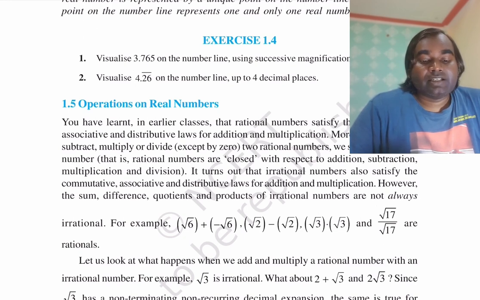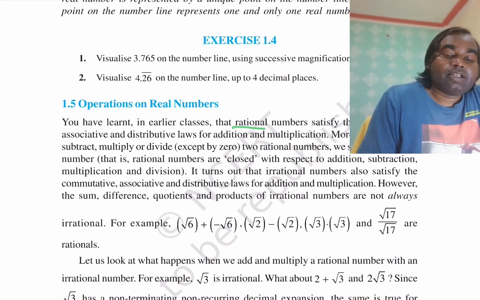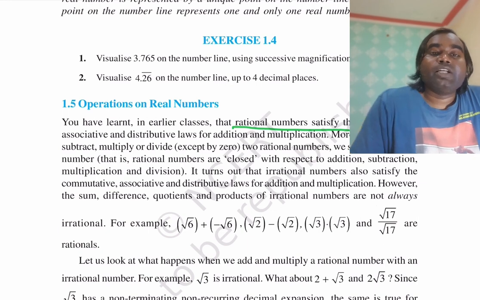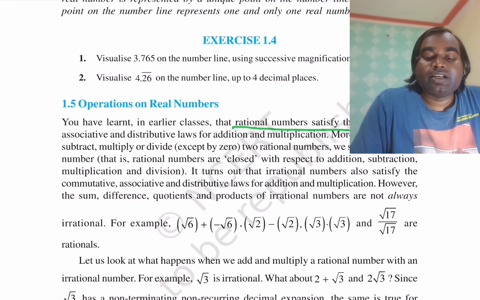That's why I wanted to discuss this, because many students get confused with this concept of rational and irrational numbers, and if you understand these things, you will never get confused with the concept. So the rational numbers satisfy the commutative, associative and distributive laws for addition and multiplication.